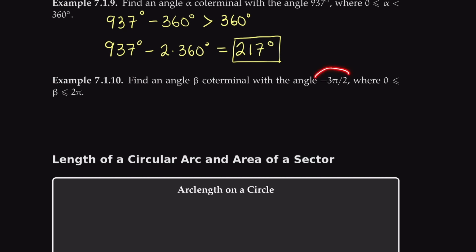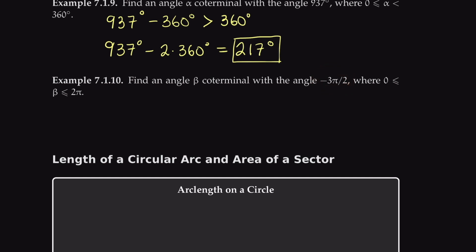Okay, so we had negative 3 pi over 2. That's less than 0, and so we need to be unwinding back around in terms of multiples of 360 degrees. But now we're writing in terms of radians, and so we're going to add multiples of 2 pi.